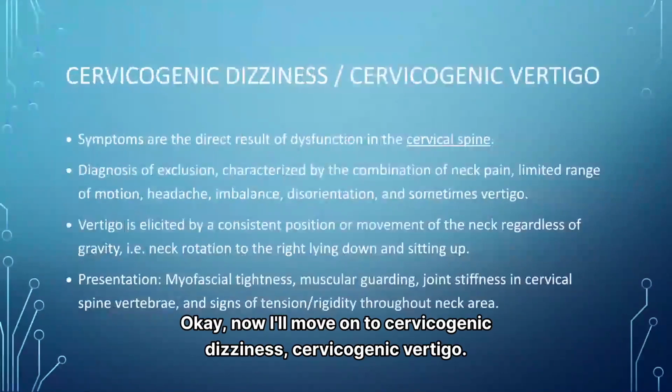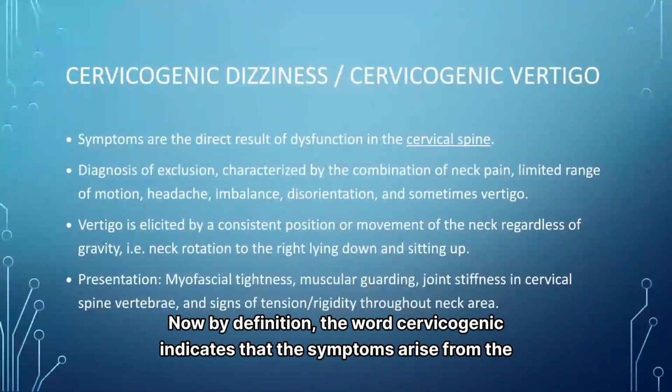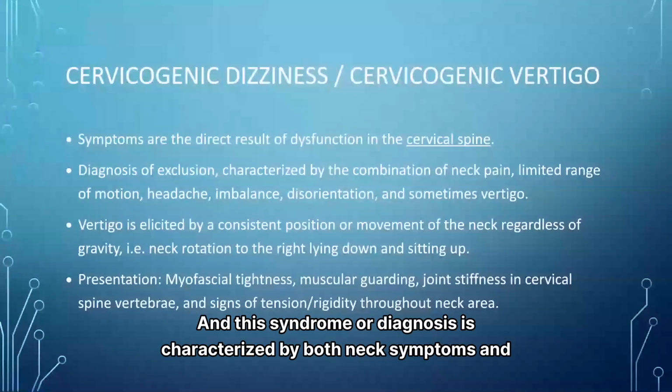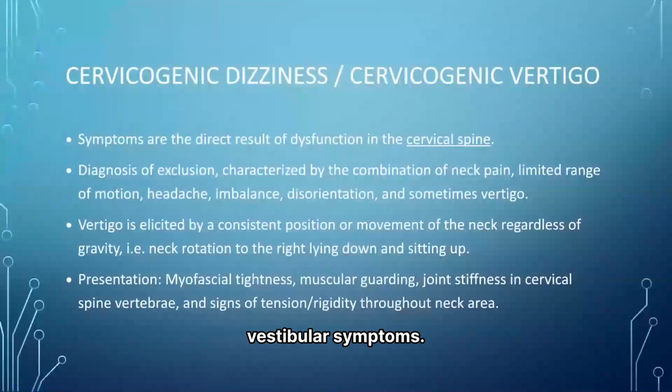Okay, now I'll move on to cervicogenic dizziness, cervicogenic vertigo. Now, by definition, the word cervicogenic indicates that the symptoms arise from the cervical spine. And this is a diagnosis of exclusion. And this syndrome or diagnosis is characterized by both neck symptoms and vestibular symptoms.